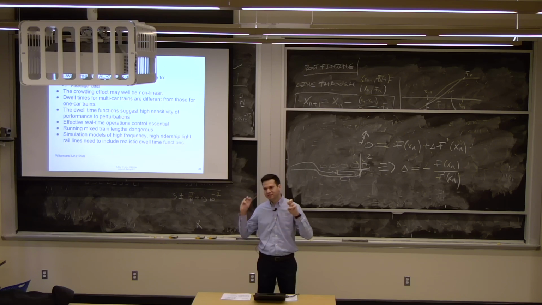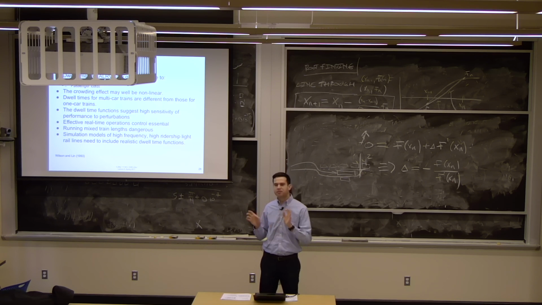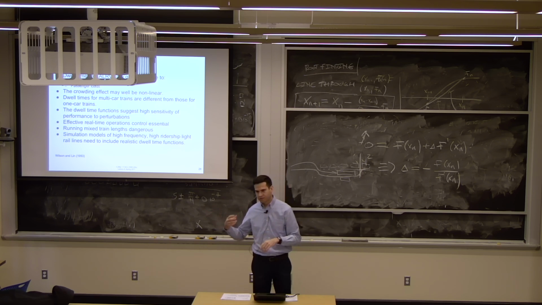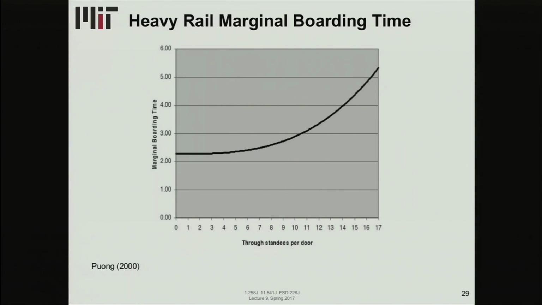So what do they mean by dangerous? It wouldn't make much difference if it's not crowded, but according to the model, on crowded conditions, the two-car train will be faster, right? So then you'll have a bunching effect happening: two-car trains catching up to one-car trains, and therefore deterioration of service quality.